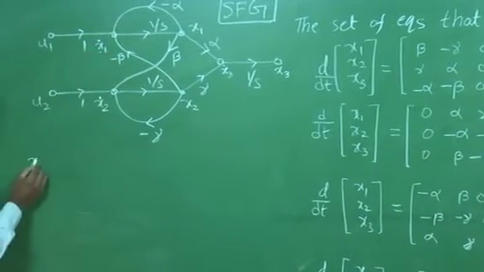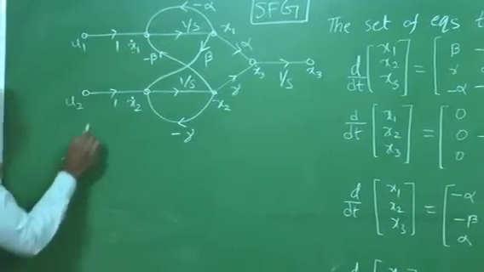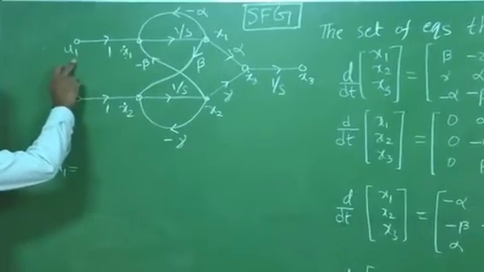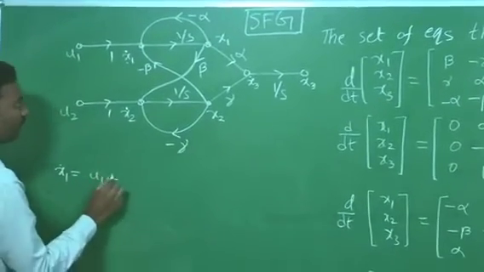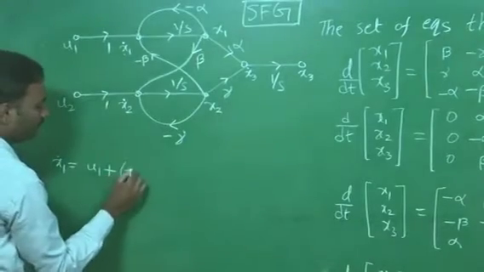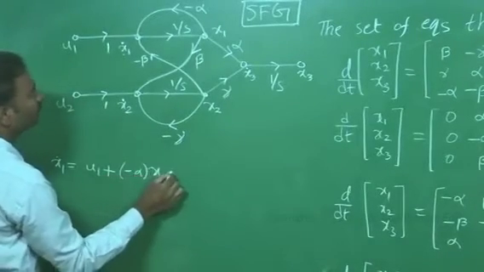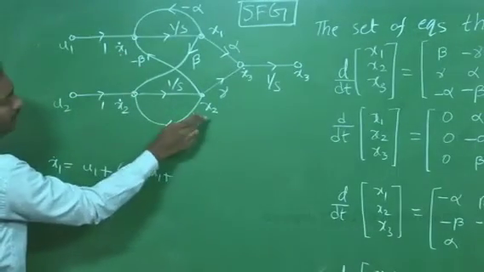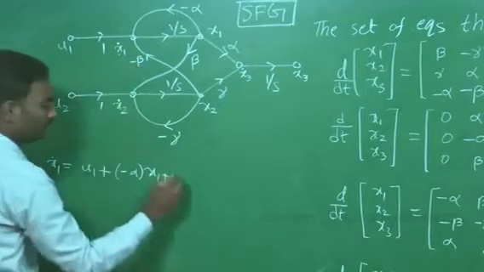For node x1 dot, the incoming branches are, one is from u1 and the other one is from again x1 with gain minus alpha, that is minus alpha into x1, and another input is from x2 with gain minus beta.